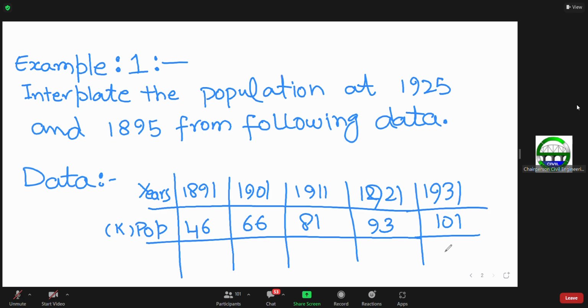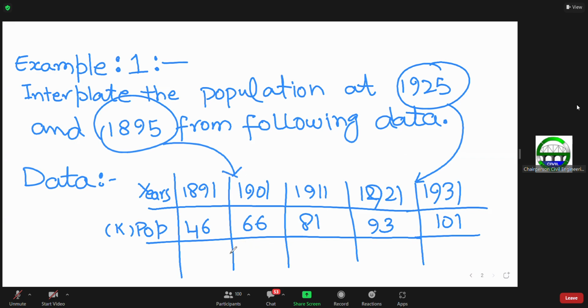So what they ask is, interpolate the population at 1925. 1925 lies somewhere here, and 1895 maybe lies somewhere here.